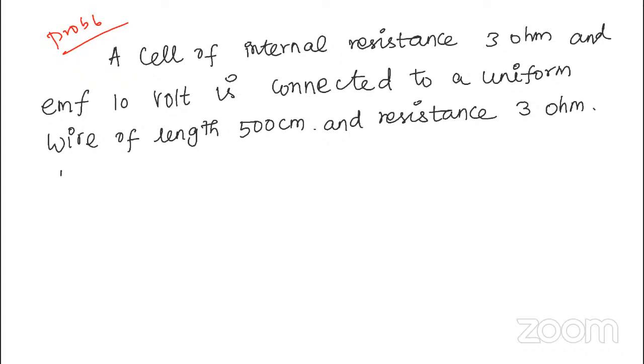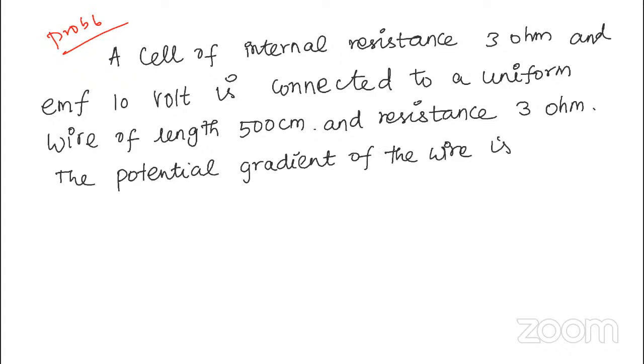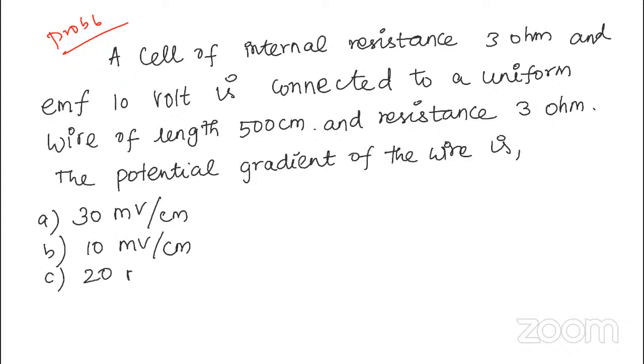Then the potential gradient of the wire is, so here they are given the options, that is A it is 30 millivolt by centimeter, and B it is 10 millivolt by centimeter, and C it is 20 millivolt by centimeter, and D it is 4 millivolt by centimeter. Okay.